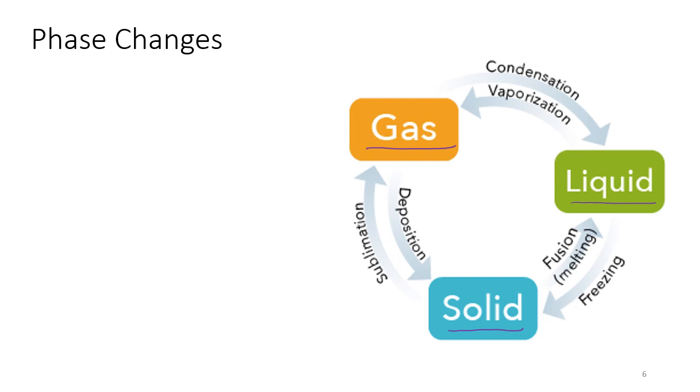And substances that can go from the gas state back to the solid state is called deposition. If we look at this going in reverse then, going from the gaseous state back to the liquid state is referred to as condensation. Going from the liquid state to the solid state is called freezing. And substances that can go directly from a solid to the gas state is called sublimation.